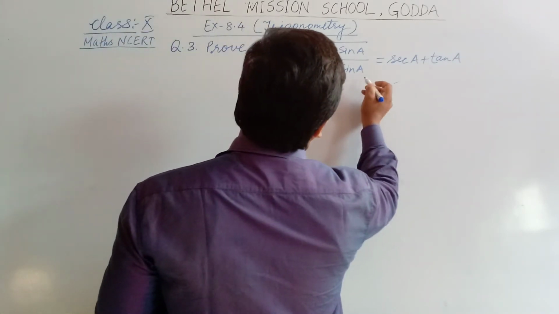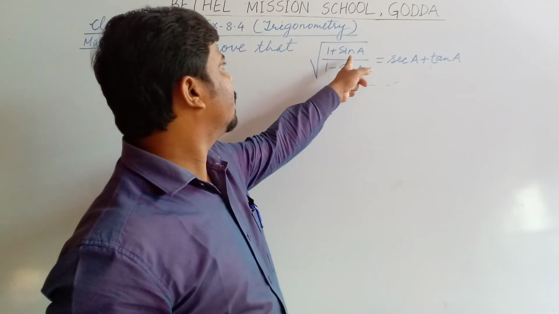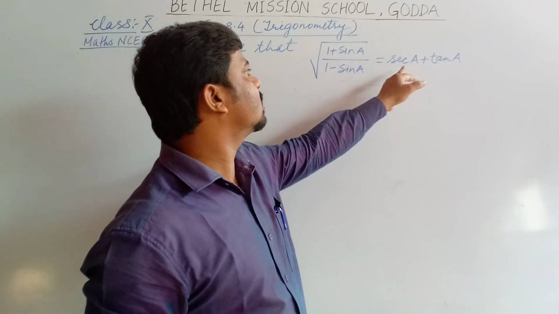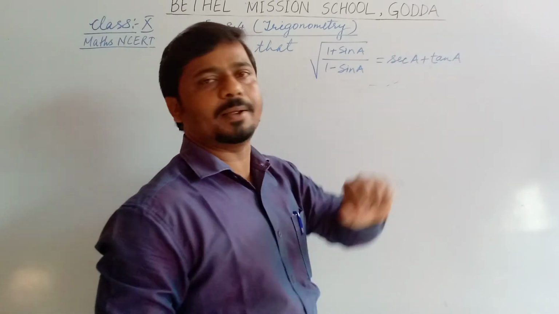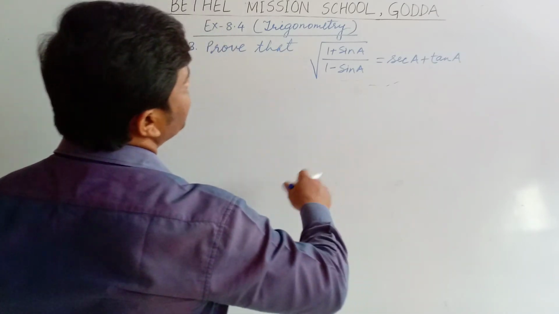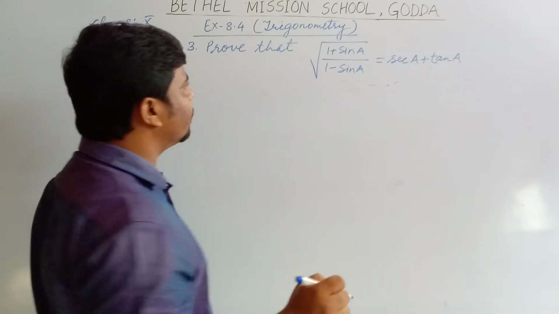So see here, in left hand side it is 1 plus under root 1 plus sin A upon 1 minus sin A, and in the right hand side there is sec A plus tan A. So how can you convert, how can you change, and which trigonometric identities will be applied?